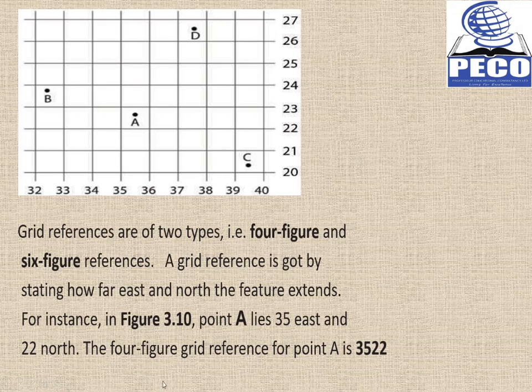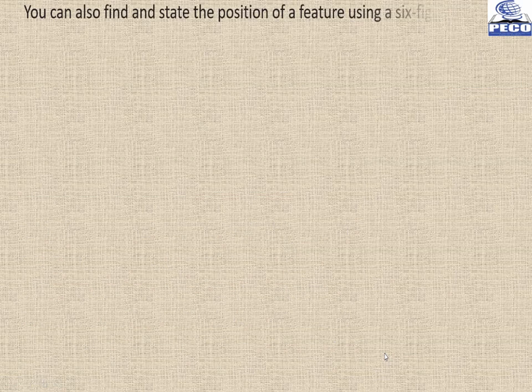Therefore, the 4-figure grid reference for point A is 35, lying to the east, and then 22, to the north. So the 4-figure grid reference of point A is 3522.